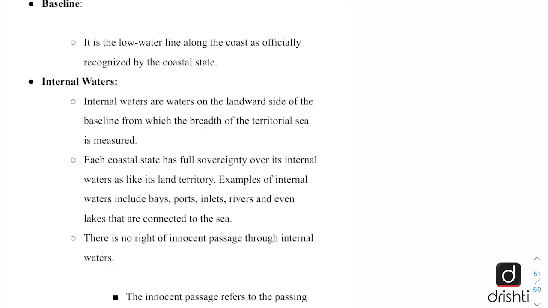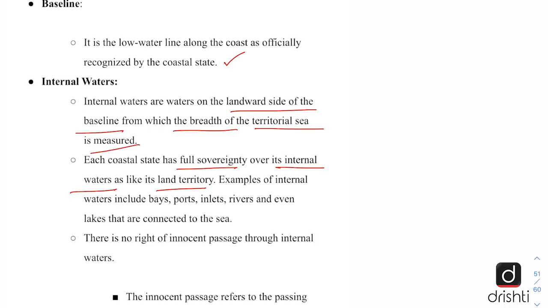So what is baseline? It is the low water line along the coast as officially recognized by the coastal state. And what is internal water? Internal waters are waters on the landward side of the baseline from which the breadth of the territorial sea is measured. And each coastal state has full sovereignty over its internal waters, like its land territory.